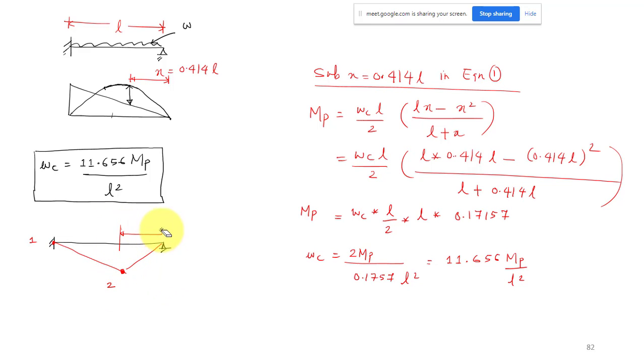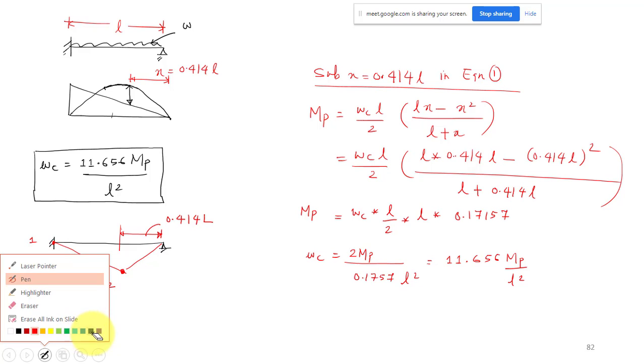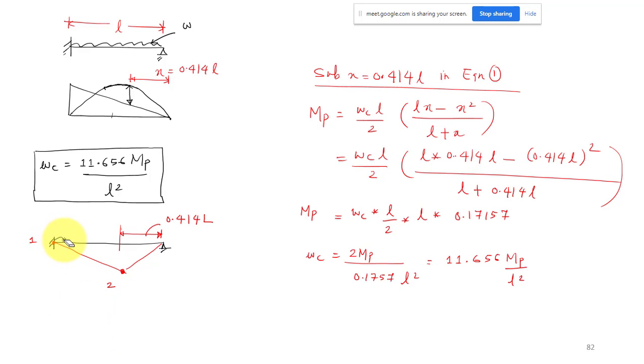That is not L by 2, it is 0.414 L. For which loading case, you should remember that loading is UDL. If it is a point load, wherever the point load is acting, that section will have maximum moment, and the hinge will be there only. But for the UDL, your hinge will not be at the center. It will be at a distance of 0.414 L from your simple support.